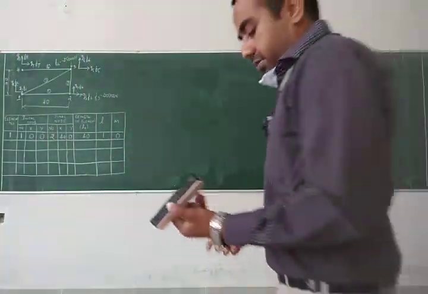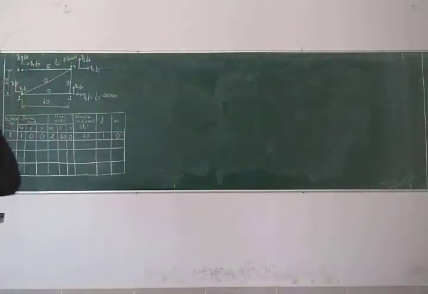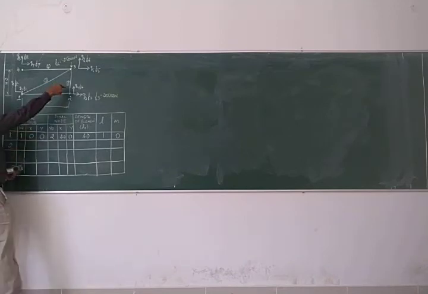we'll calculate now for the second element. So for element 2, which is the element 2? The element from 2 to 3, the vertical element that we have. Initial node number 2 and final node number 3.